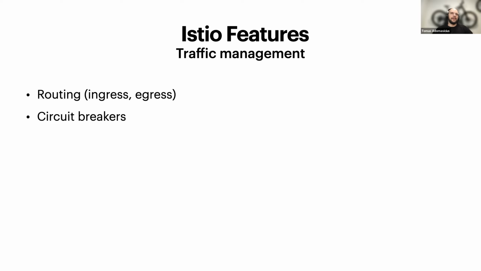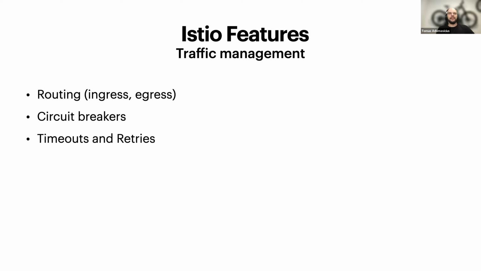So that's a basic circuit breaker. Or if you have, for example, different versions of your application running inside the cluster, you launch a new version 2, and you can configure it so that in case version 2 rejects all the requests, you switch back automatically to version 1.